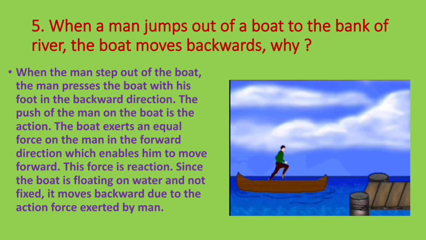The boat exerts an equal force on the man in the forward direction, which enables him to move forward. This force is the reaction. Since the boat is floating on the water and not fixed, it moves backward due to the action force exerted by the man.